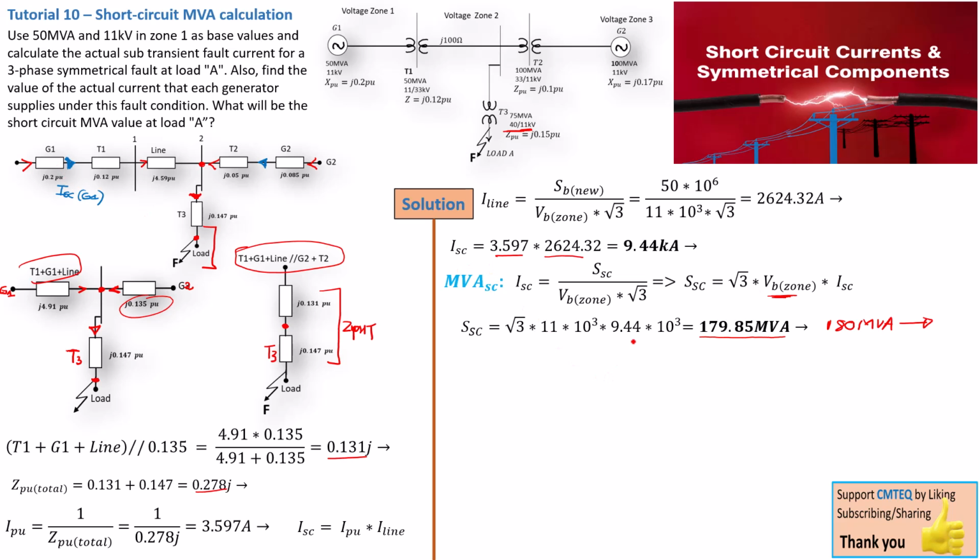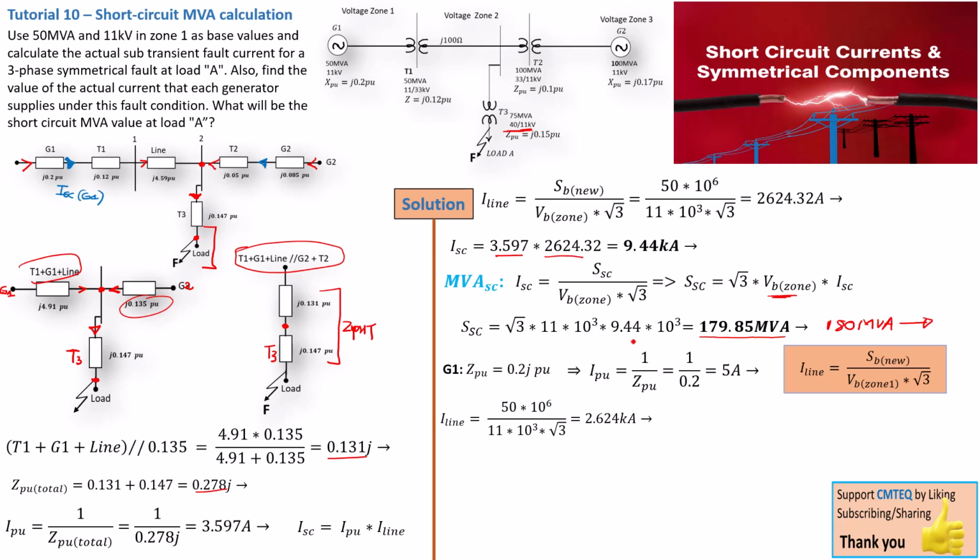Now we can calculate it by saying, Z per unit for generator 1, we know, is 0.2j per unit. So that means the I per unit for generator 1 is 1 over Z per unit of generator 1, which gives us 5 amps. So we take the 5 amps, then we need to multiply by the line current for generator 1. The line current for generator 1 is calculated with the same formula. Then it is 2.624 kA.